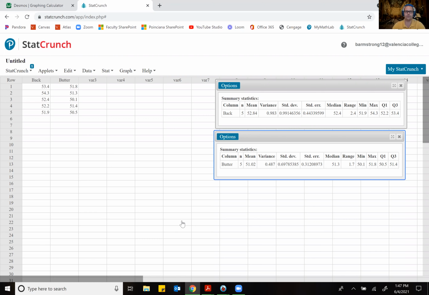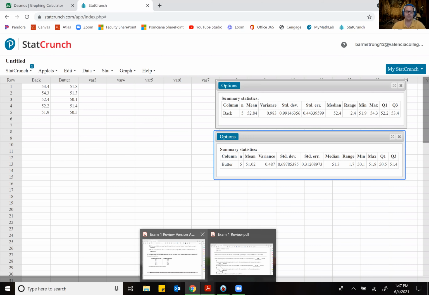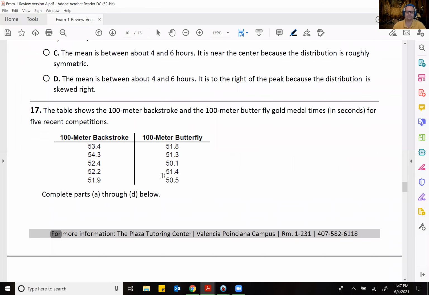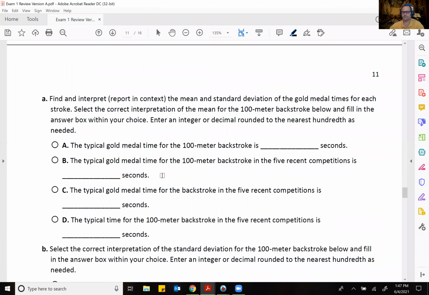It's going to be very important. So jumping back into our problem, part A says that the typical gold medal time for the 100-meter backstroke is blank seconds.